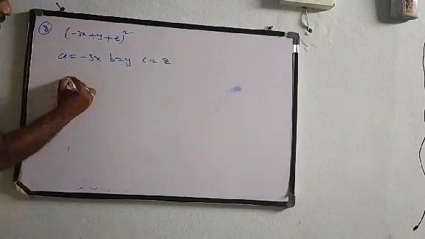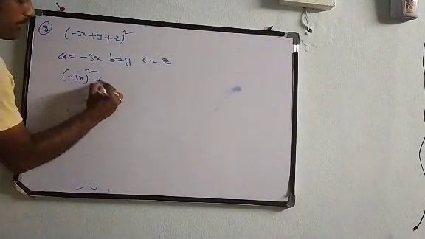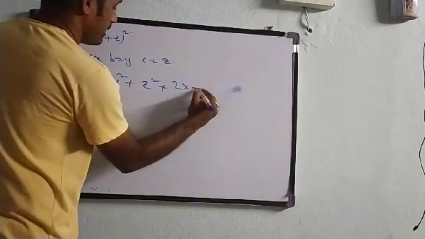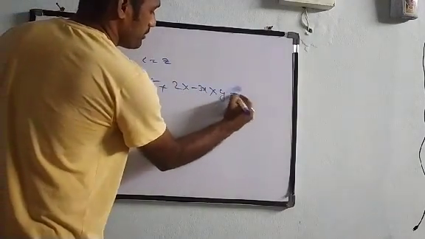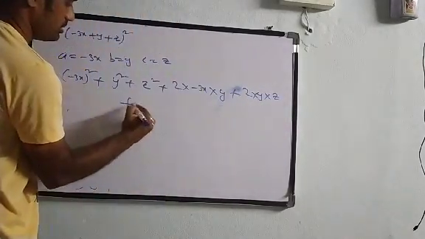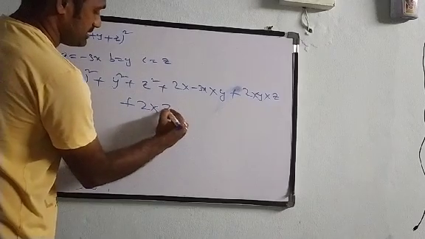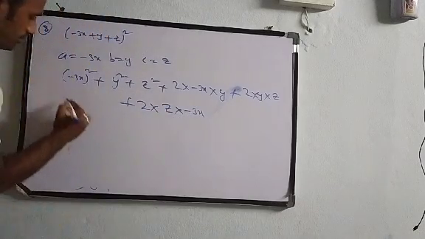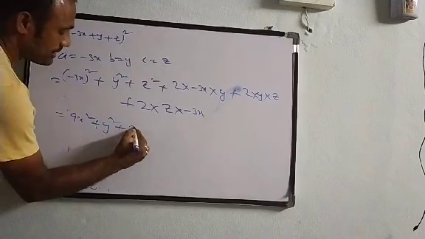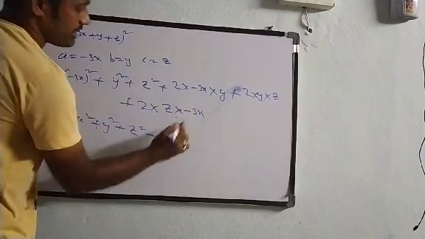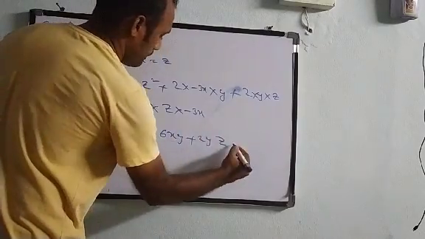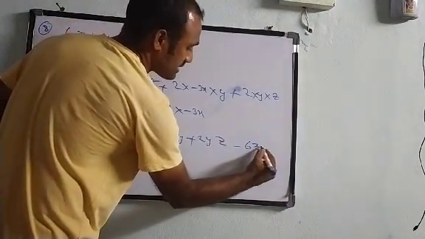So a square plus b square plus c square plus 2ab plus 2bc plus 2ca. So it will be 9x square plus y square plus z square, plus into minus is minus, 6xy plus 2yz minus 6zx.